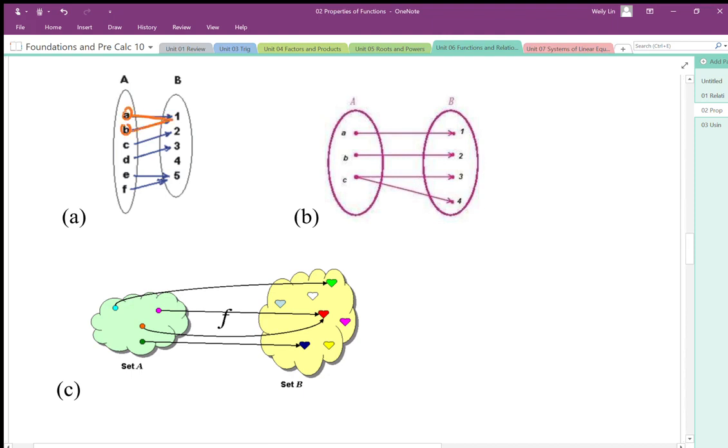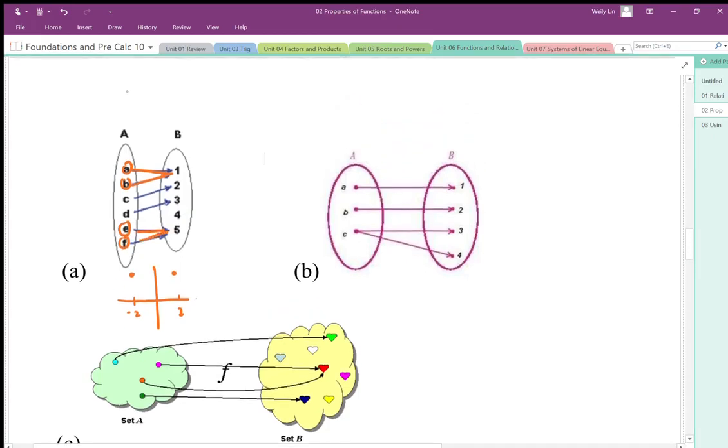That's okay, because that means we have two different x's that go to the same y value, here and here. That passes a vertical line test. That's not a problem. Here, same thing. We have 2 to 1. So that's okay. These are considered functions.